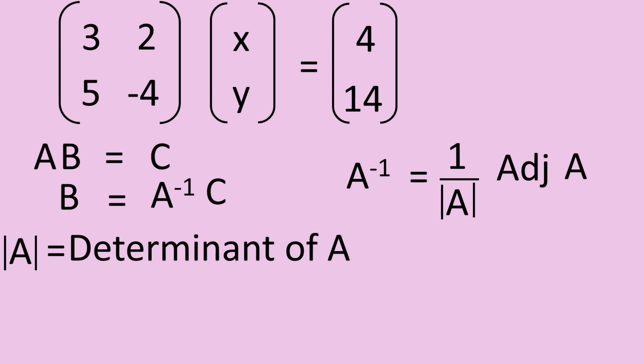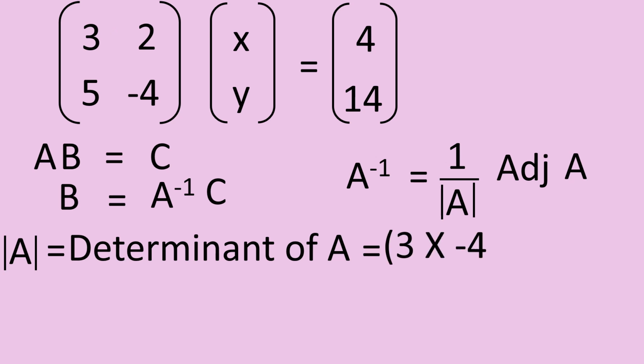So the determinant of A is simply 3 times minus 4, that is the red area that was just circled now, minus 5 times 2. That will give us the determinant of A.